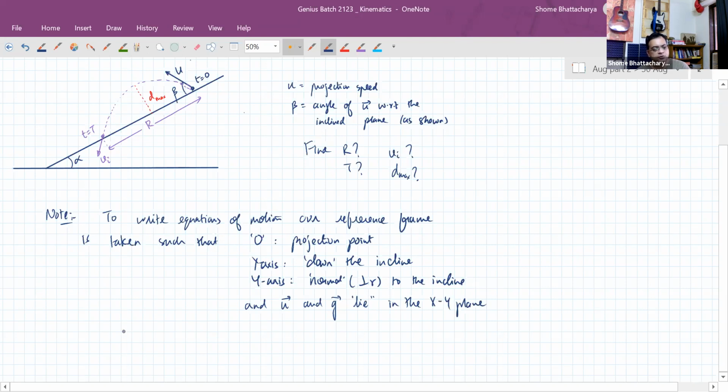So now that is the first thing I want you guys to try out. What we want to do is write the equations of motion, that is the x, y coordinates and velocity as functions of time.